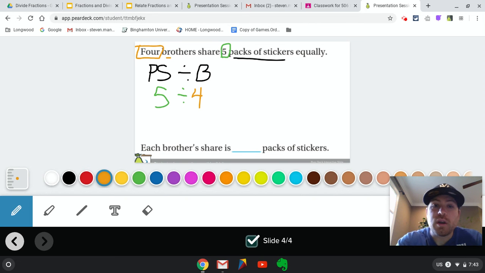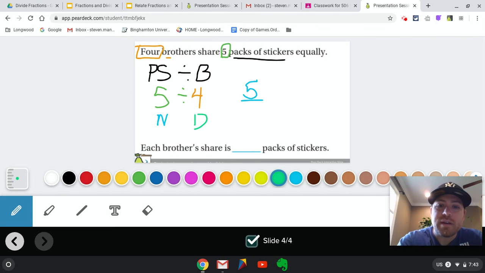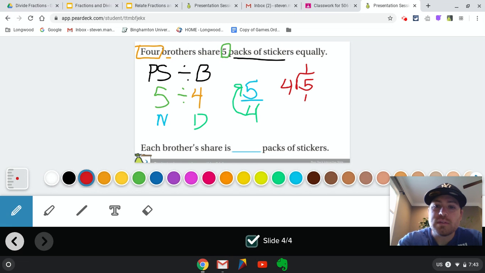Now we're going to go ahead and turn it right into a fraction again. So we have our numerator and then our denominator. Now I'm going to go ahead and turn this into a mixed number. So again, that's division, right? Divide 4 into 5 once.